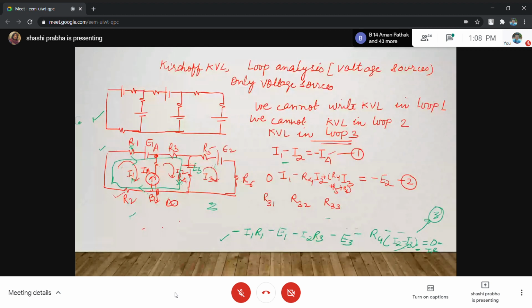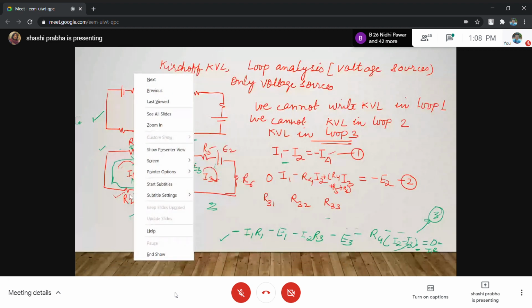Because this current is between 1 and 2, you can combine 1 and 2. When you combine 1 and 2, start from I1 R1 minus E1 minus I2 R3 minus E3 minus I2 minus I3 R4 and I1 R2.